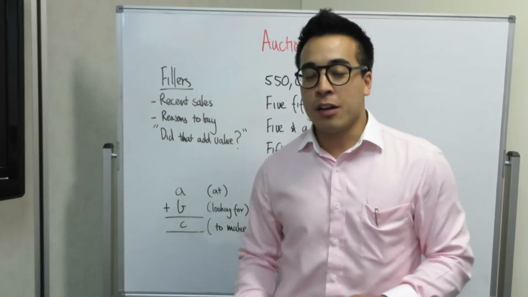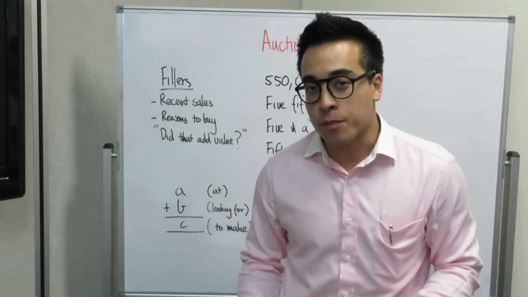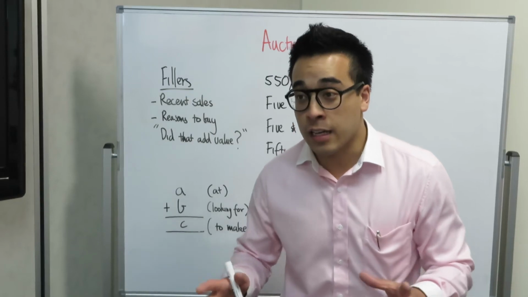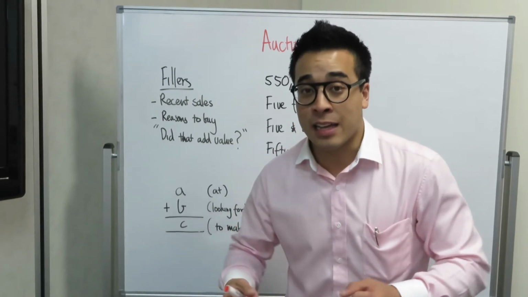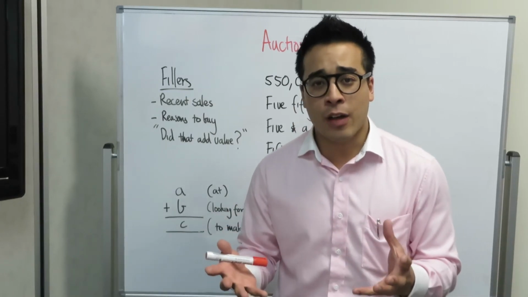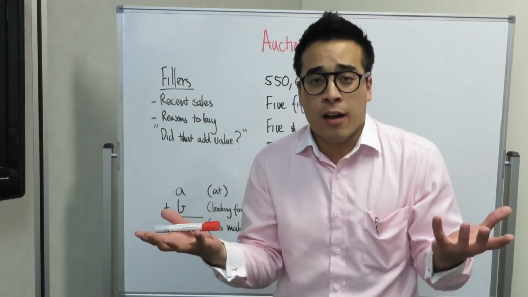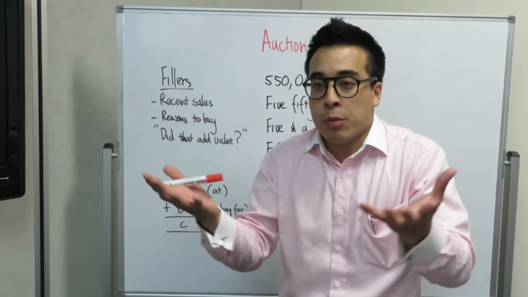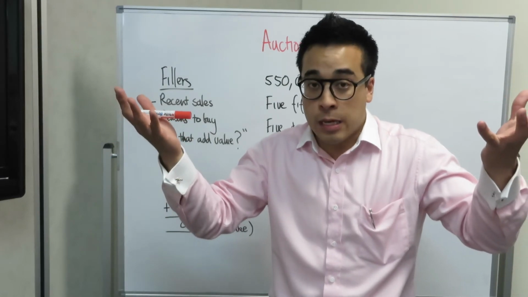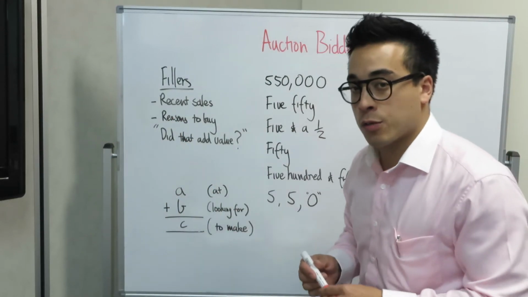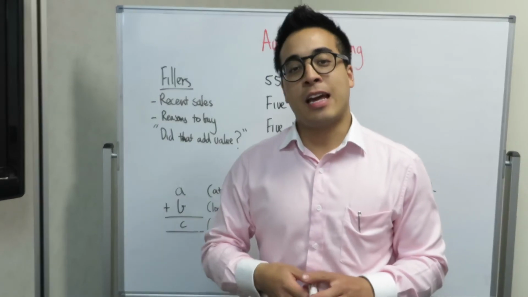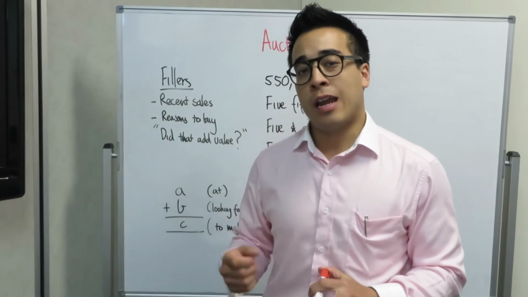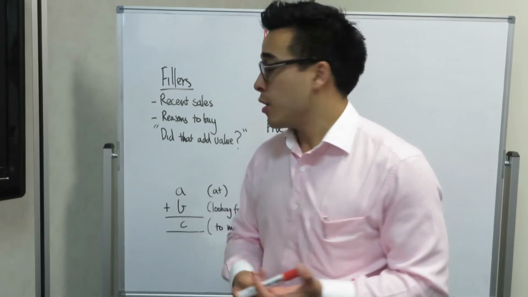But in reality, does it add value to the auction? It does. If you're funny or you have charisma, you add energy, and that adds value to the vibe. You make the atmosphere better, then people are more likely to bid. Yes, that's 100%. But there's another way to look at it as well. Did everything that I said add value to the auction? Did that add value to the house?